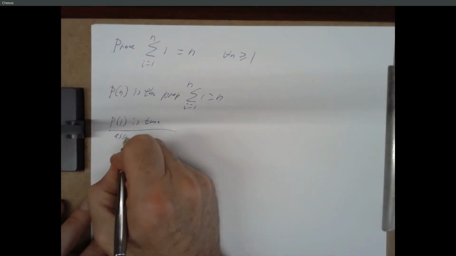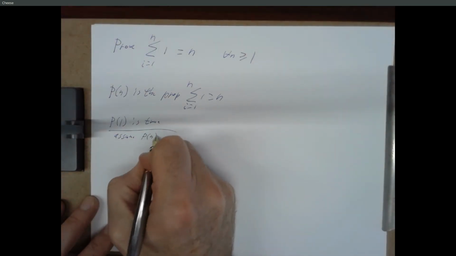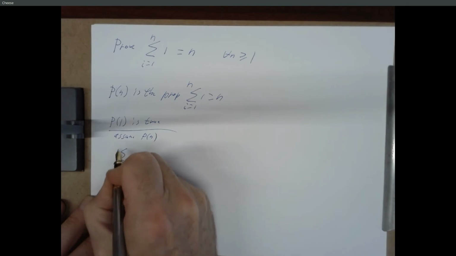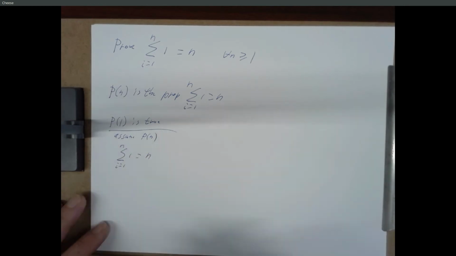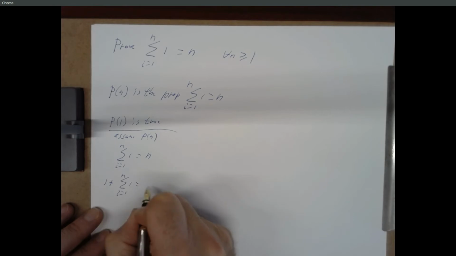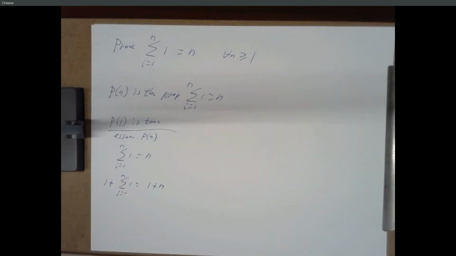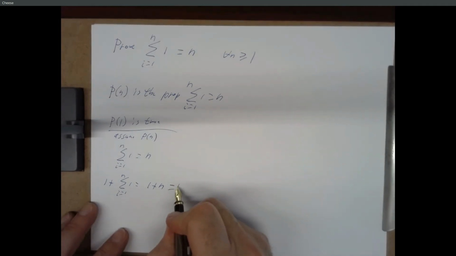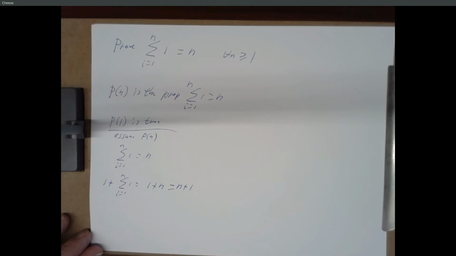So assume P of n. So the sum from i equals 1 to n of 1 is equal to n, because that's what P of n says. Well, let's add 1 more to both sides. So 1 plus that sum from i equals 1 to n of 1 is equal to 1 plus n, which I can commute. That's also equal to n plus 1.